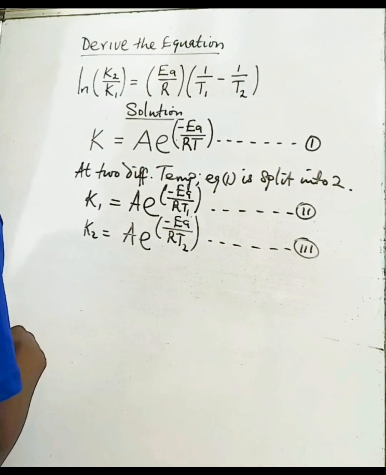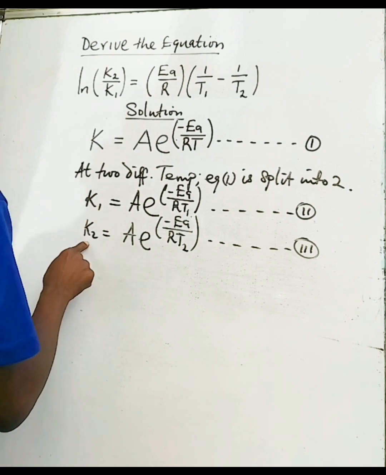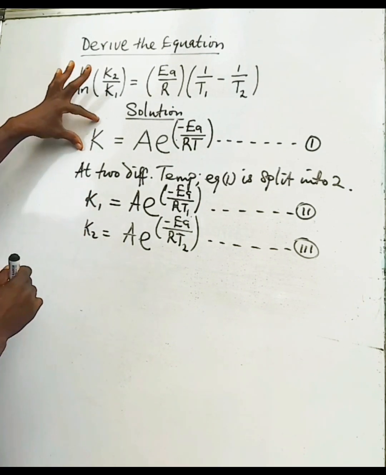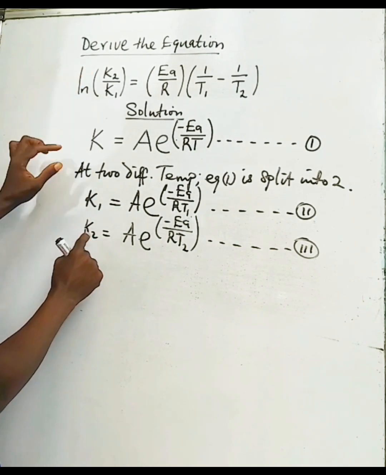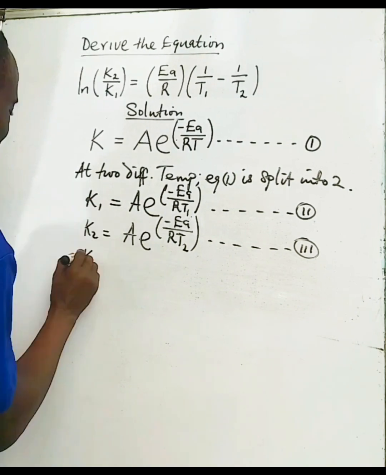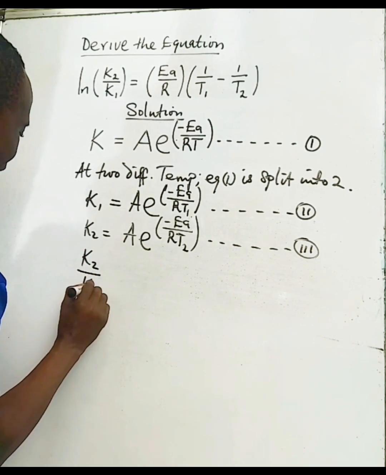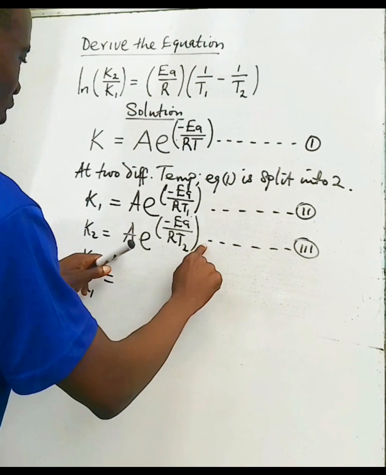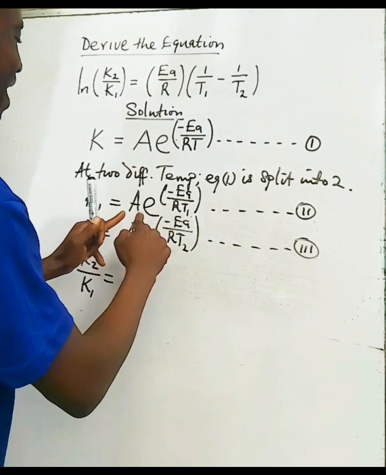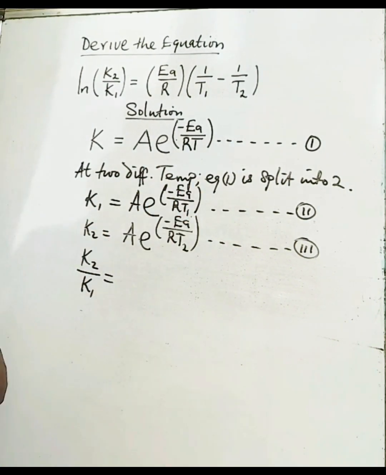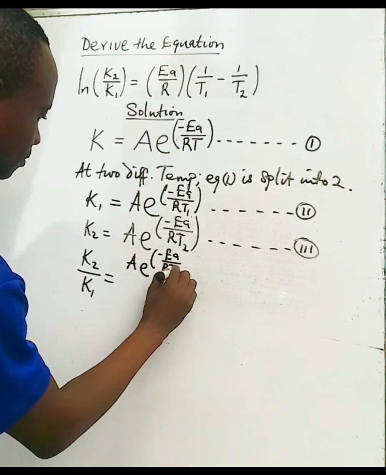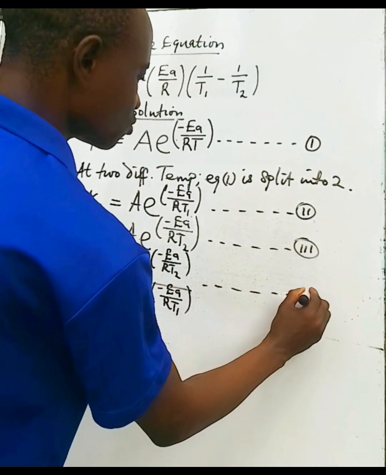The next step is to find the ratio of K2 and K1. K2 divided by K1 equals the whole of this, which is K2, divided by the whole of this, which is K1. And we have this. We call this equation 4.